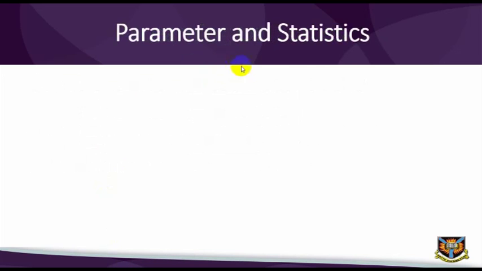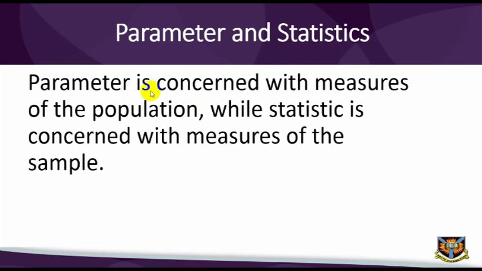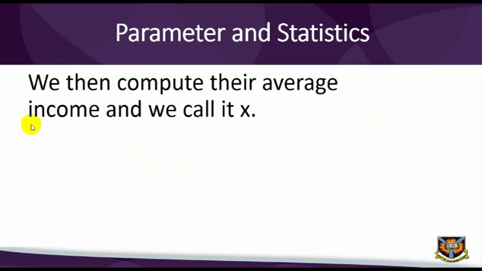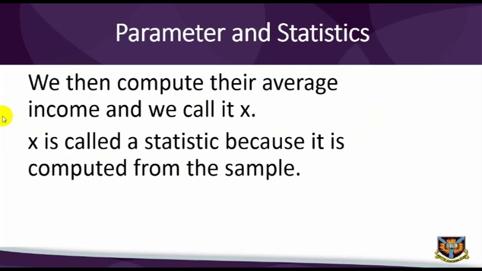Content. Section 1. Parameter and statistic. Parameter is concerned with measures of the population, while statistic is concerned with measures of the sample. For instance, in order to study the income level of graduate employees in the private sector, we randomly selected a sample of 1,000 graduate employees in that sector.